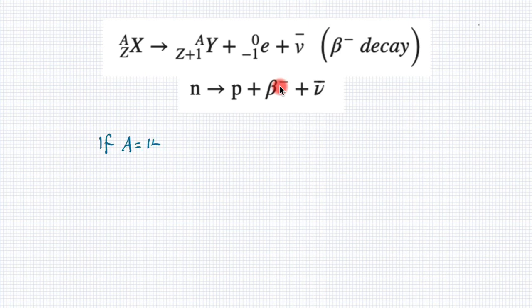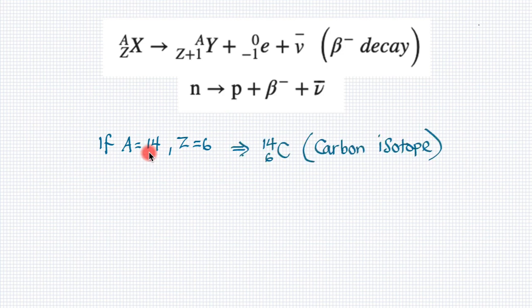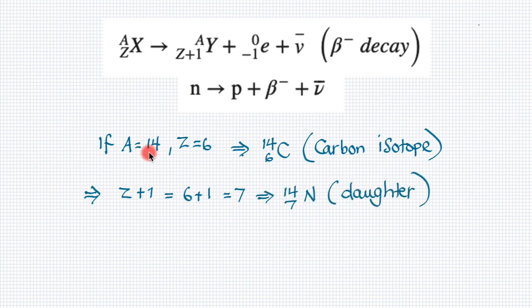Now, an example of this, if A is equal to 14, which is, let's say, our carbon 14, Z is equal to 6, so that's our carbon 14 isotope, then Z plus 1 would be 6 plus 1, which is 7, giving us 14,7 nitrogen, which is one of the daughters, which happens to be a different element totally, because the proton number has changed.